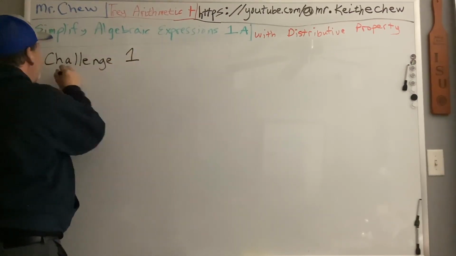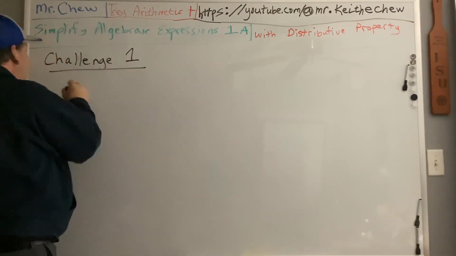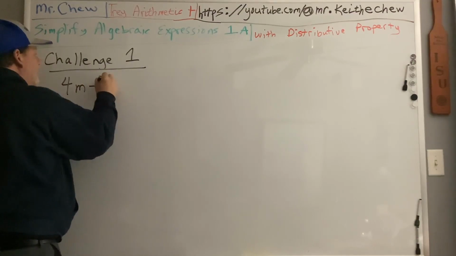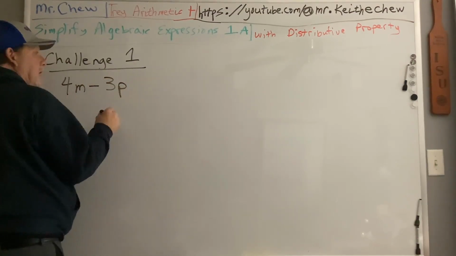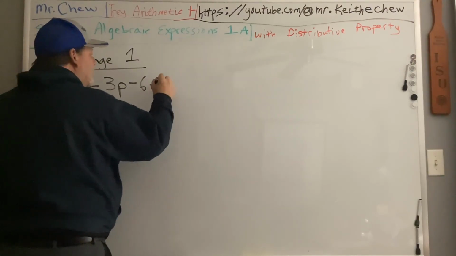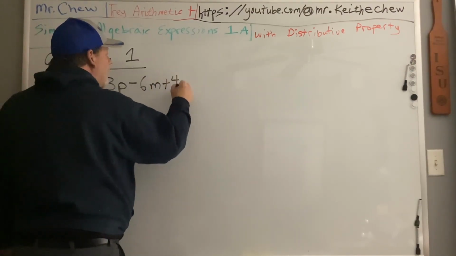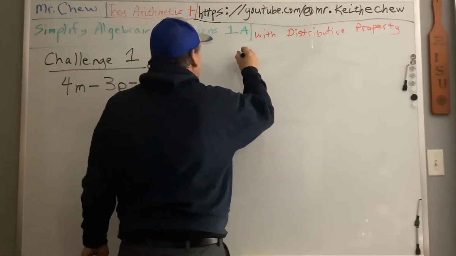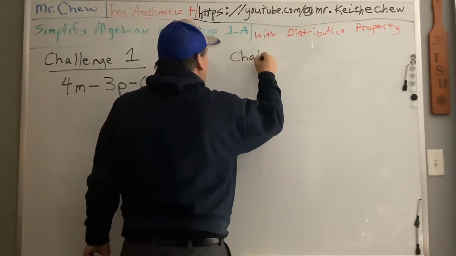Challenge problem 1 is 4m minus 3p minus 6m plus 4p. There's challenge 1. And over here is challenge 2.